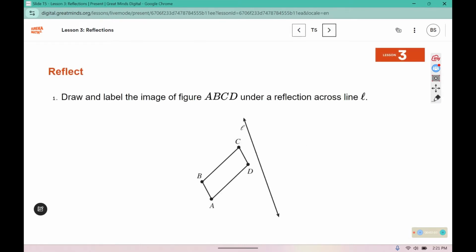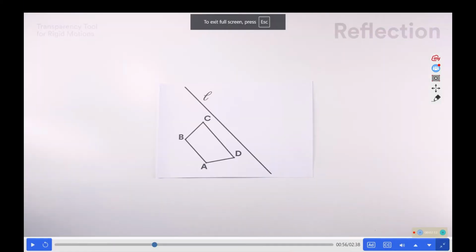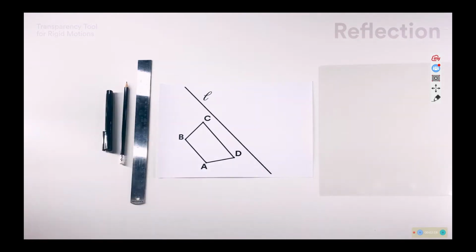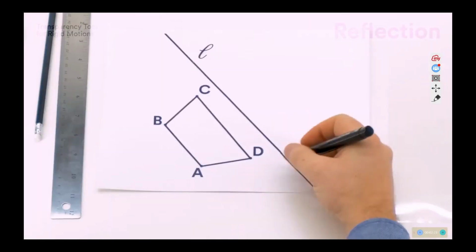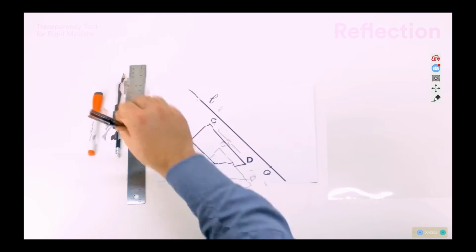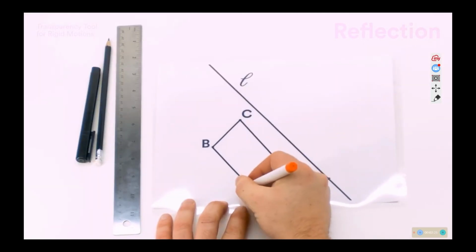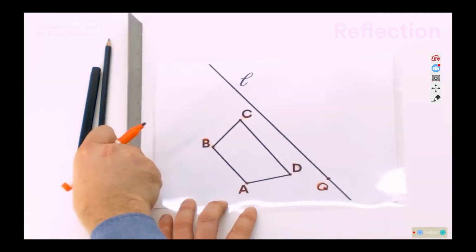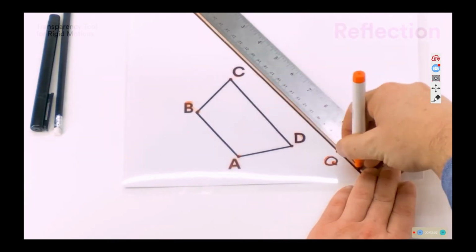You are going to start by reflecting today in these problems, but before we do that, we're going to watch a short clip on how to complete a reflection or what that process looks like. You're going to need tracing paper, a writing utensil, and a straight edge, such as a ruler. On your tracing paper, you'll trace your figure and your line of reflection.